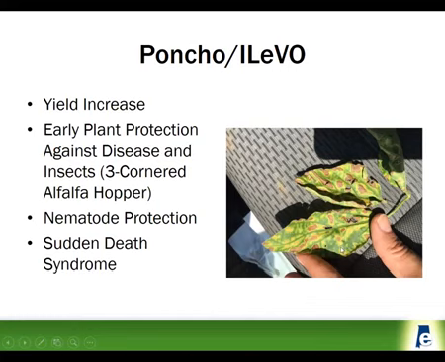So if you see your plants start to go down before maturity and they have these symptoms, I would look at either sudden death syndrome or something that actually looks similar to this would be root knot nematode injury. So towards the end of the season, when you have good moisture in late July or August, you might want to take a nematode sample just to see where you're standing on nematode pressure.